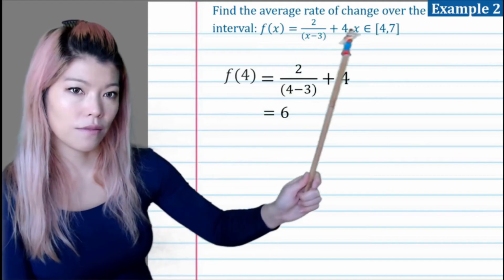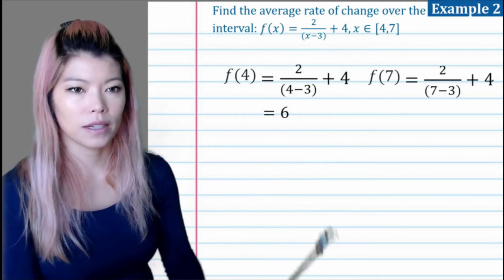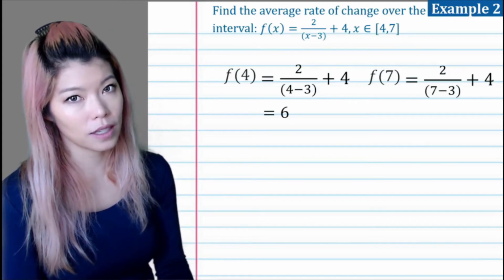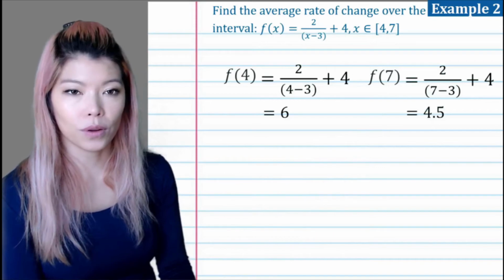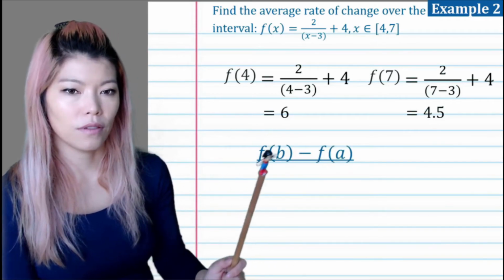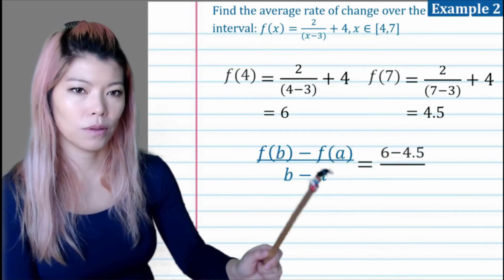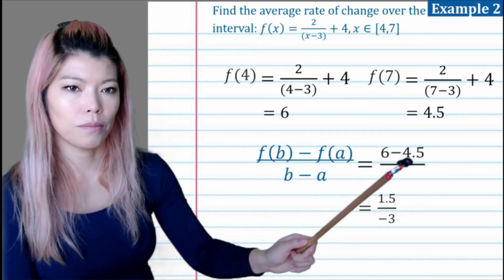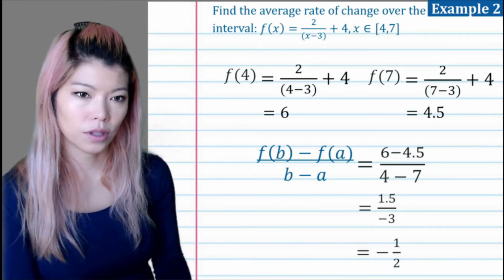Then we have to find a y value at 7. So f of 7. So 2 over 7 minus 3, plus 4. 7 minus 3 is 4. 2 over 4 is a half. So we have 4.5. Now we can apply our formula. So f of b minus f of a over b minus a, or 6 minus 4.5 over 4 minus 7, which is a half. Sorry, negative a half.